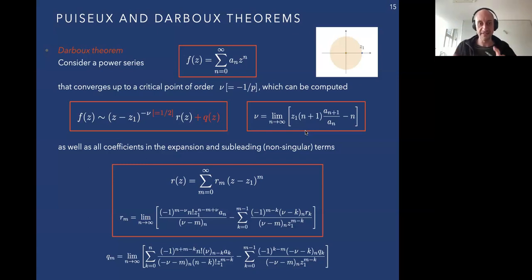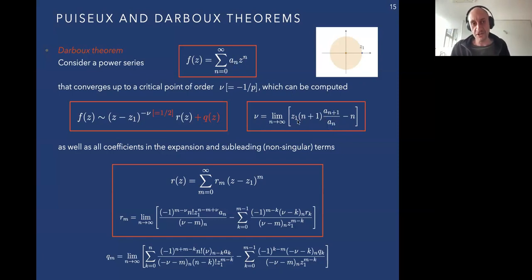So this is a fancier, smarter way of reshuffling this kind of ratio test that will tell you what is the order of the singularity, okay? What is the order of the critical point? So there's a relation, it's important for me to stress this. This is a relation between nu, the position of the critical point, z1, and the high asymptotic coefficients of the hydro series, okay?